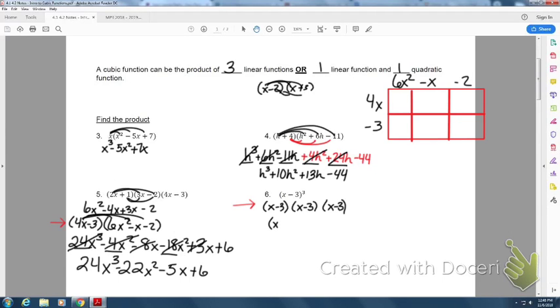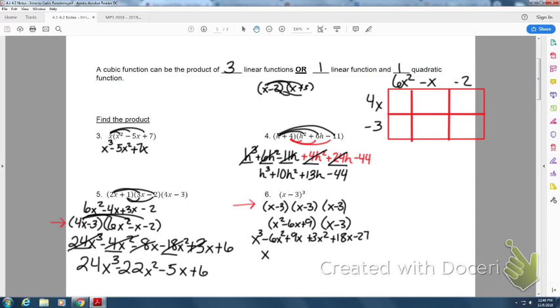So you'd have x squared minus 6x plus 9, and x minus 3. Whenever you multiply those, you'd have x cubed minus 6x squared plus 9x plus 3x squared plus 18x minus 27.